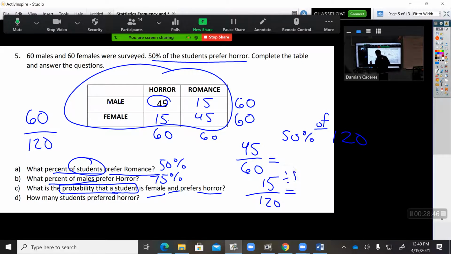So 15 divided by 5 gives you 3 on top. 120 divided by 5 gives you 24. So 3 over 24 is the probability that a student is female and prefers horror.